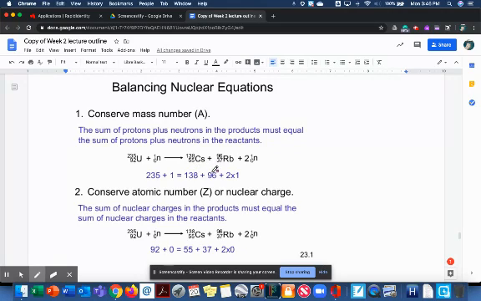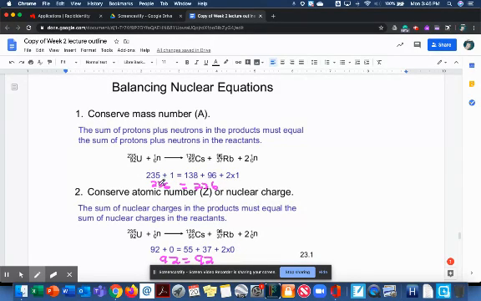And so 138 plus 96 plus 2 also gives us 236. So you'll notice that the total mass number does not change on both sides of that reaction. The atomic number we'll see also is conserved, does not change. 92 plus 0 gives us 92. And 55 plus 37 plus 0 gives us, again, 92.